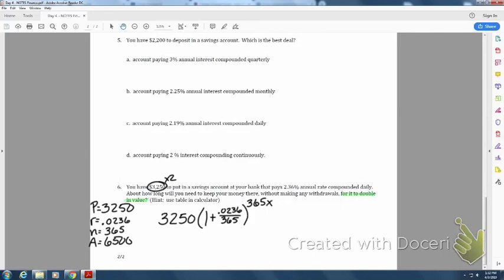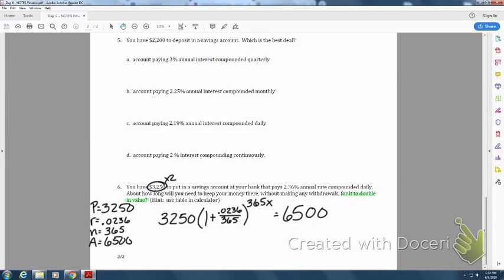So I'm going to put X in for time, and I want to know when that is there. So how can I solve that? I can put the left side of what I have up here into y equals, and then I will go down the table and find the x value that has the first y value at or above 6,500.